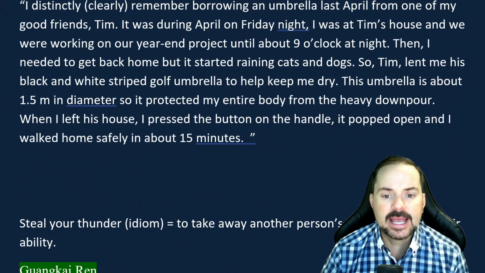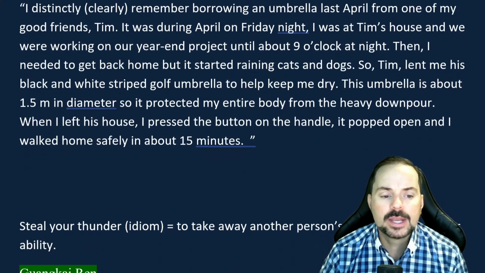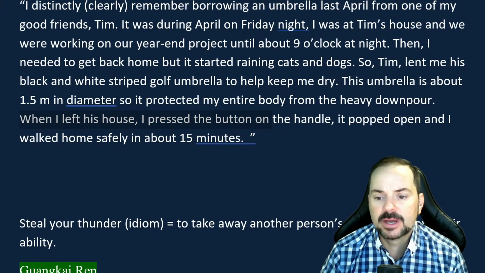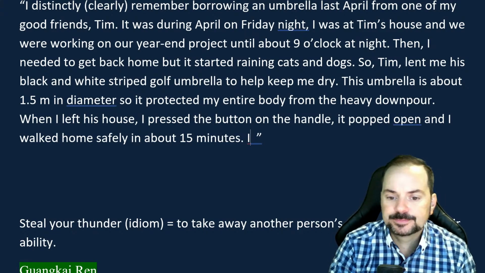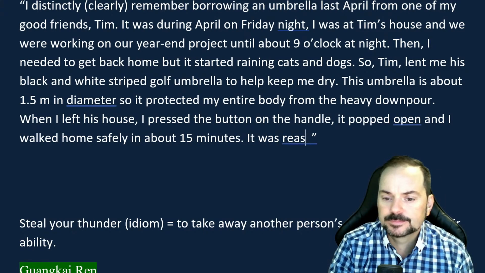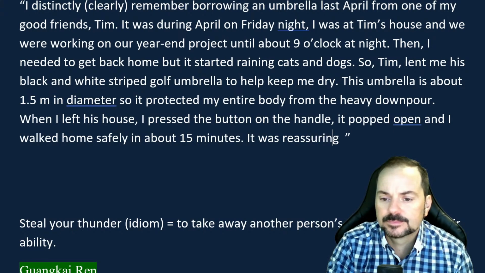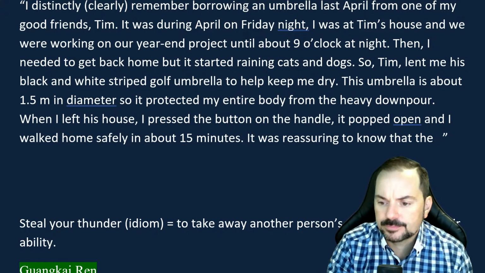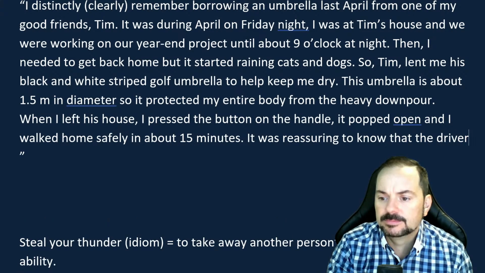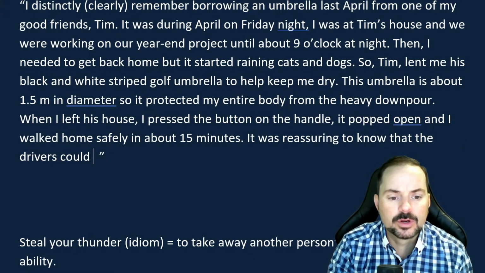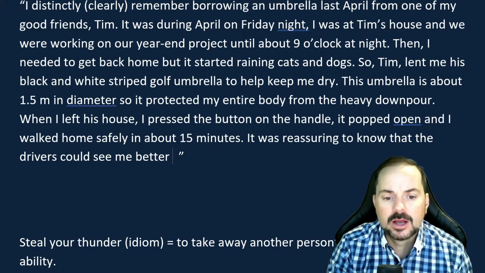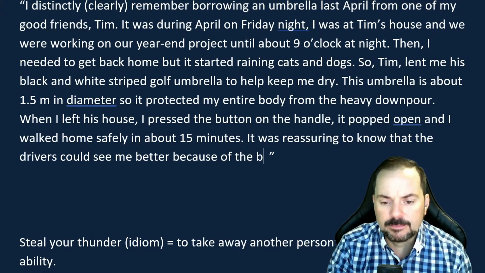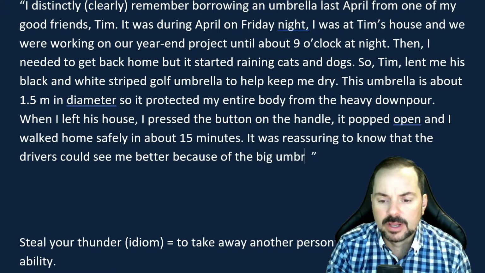So here's what I have been saying. When I left his house, I pressed the button on the handle, it popped open, and I walked home safely in about 15 minutes. It was reassuring to know that the drivers could see me better because of the big umbrella.